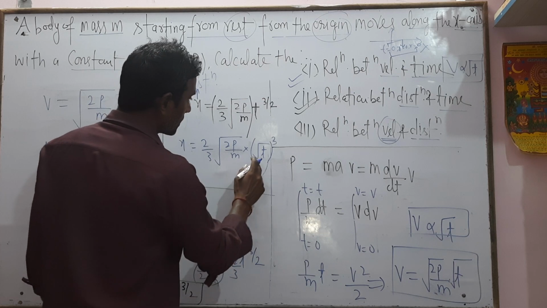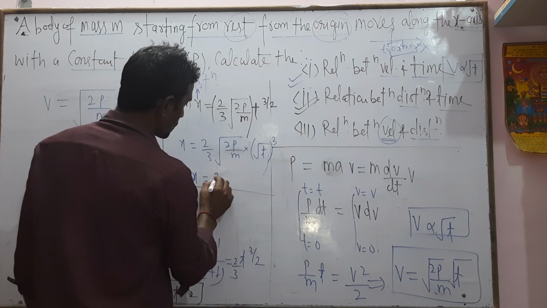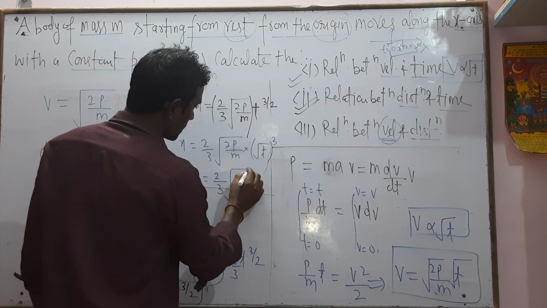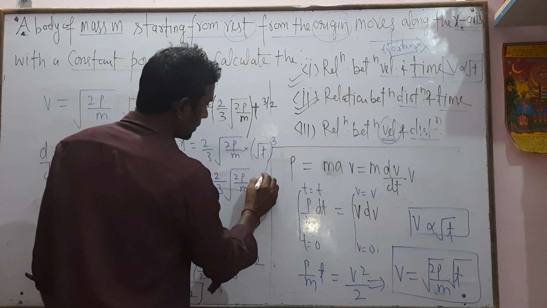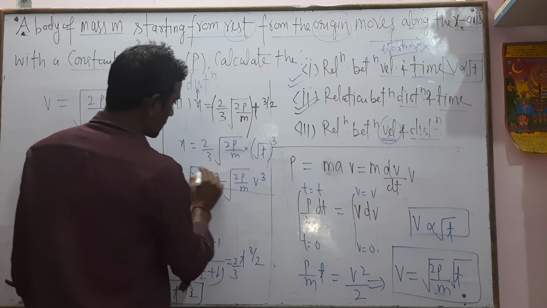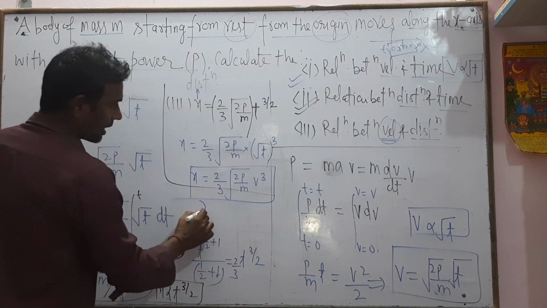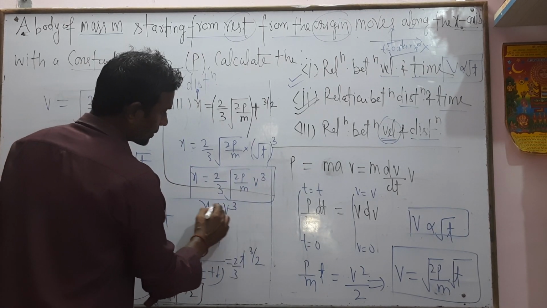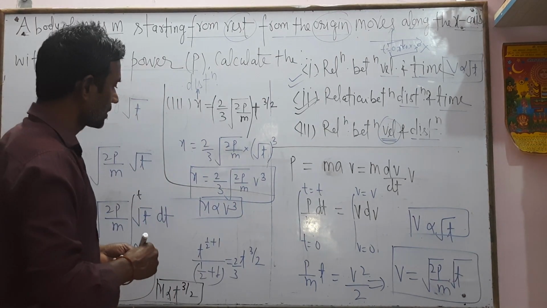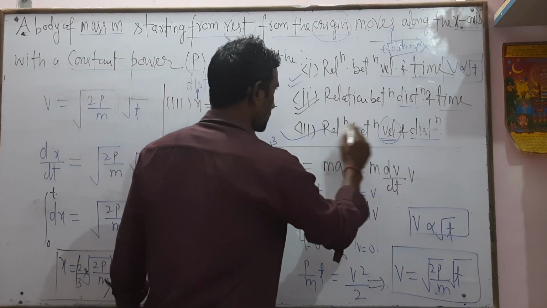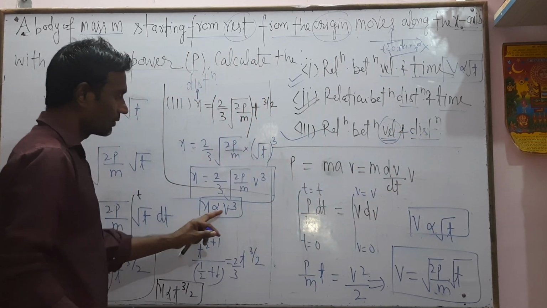So this is the velocity, x equals 2 by 3 into root of 2P by m into v raised to 3. So we can say x is proportional to v raised to 3. This is the third point, velocity and distance.